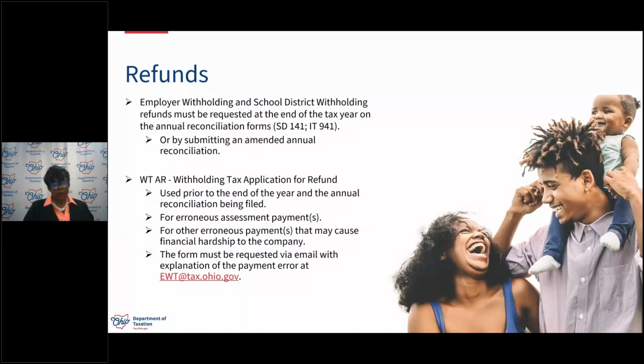If you've already completed the form for 2023 or previous years and you discover there is an overpayment, you will simply go out to the gateway and amend that return.